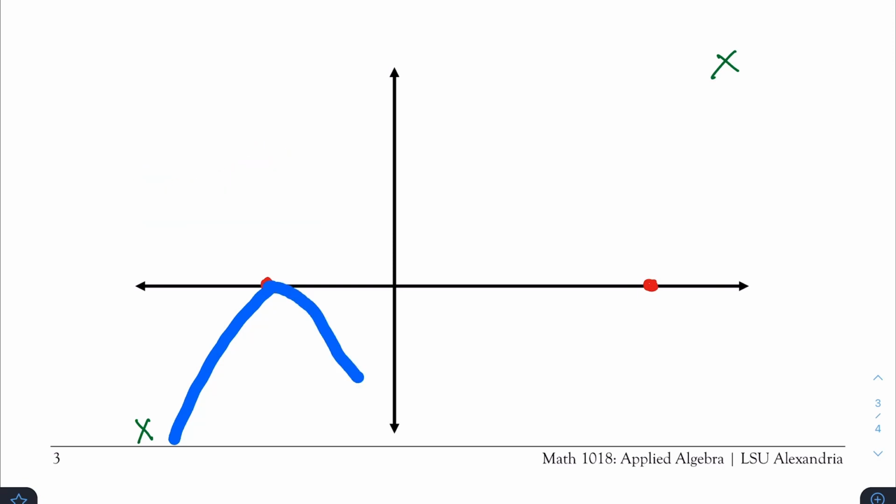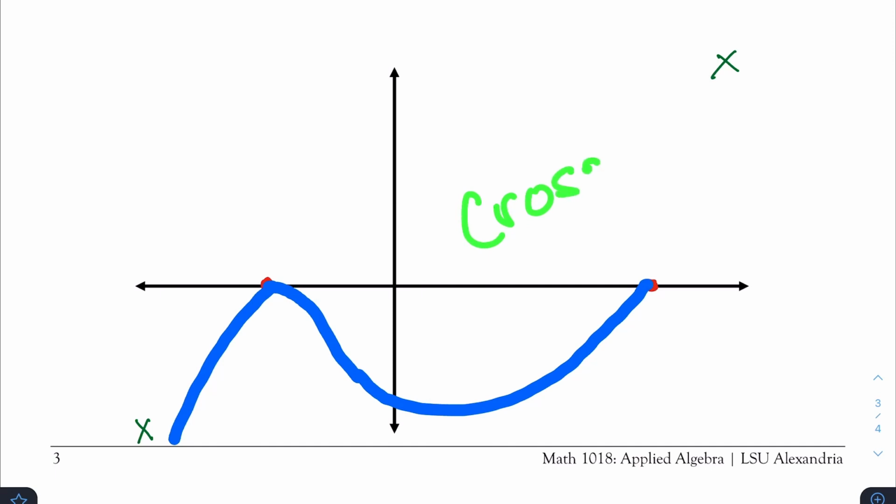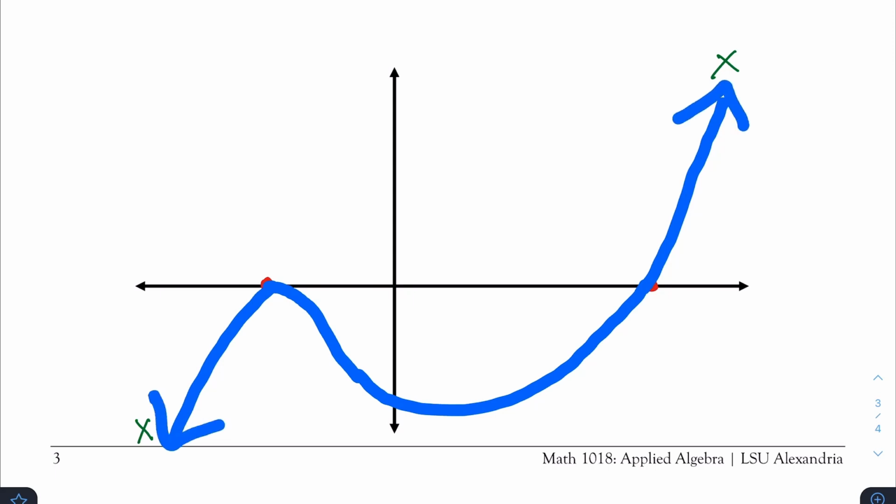I continue forth, and I know I must reach my second zero. For x equal to 7, I should be passing through the x-axis. This is great because, without even thinking about my end behavior, it completely matches. I started on the bottom on the left, and I ended up on the top on the right side. So this is my rough sketch of this function.